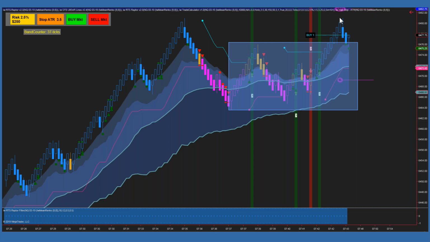Okay, so this is now the top end of the trading range. A move above here should see the market go higher. So I'm going to look to buy above here.